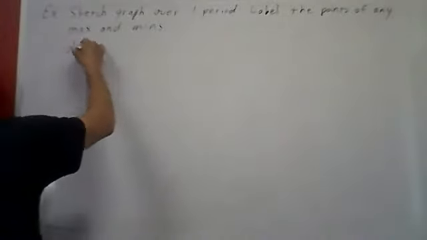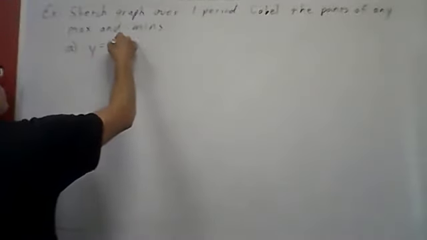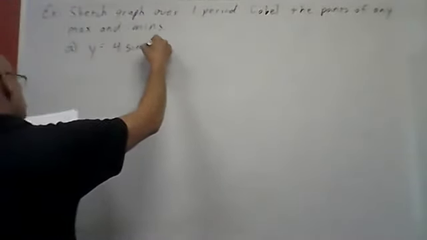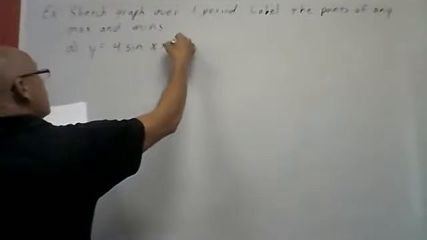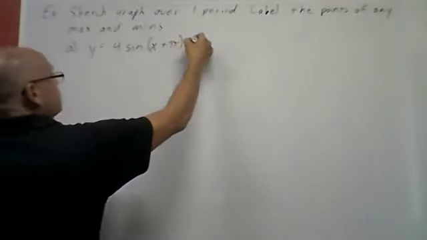And we're going to start out with part A. Part A is y equals 4 times the sine of x plus pi, plus 1.